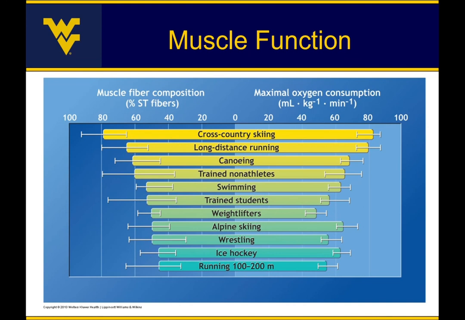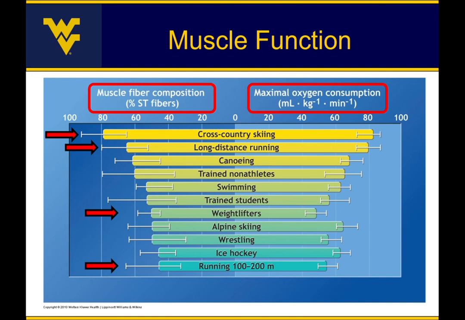In this figure, we can see the percent contribution of slow twitch fibers to different sporting events and its association with oxygen consumption, or the ability to deliver oxygen to those working muscles. At the very top, cross-country skiing and long-distance running are associated with high percentages of slow twitch fibers and a very efficient delivery of oxygen to those working muscles.